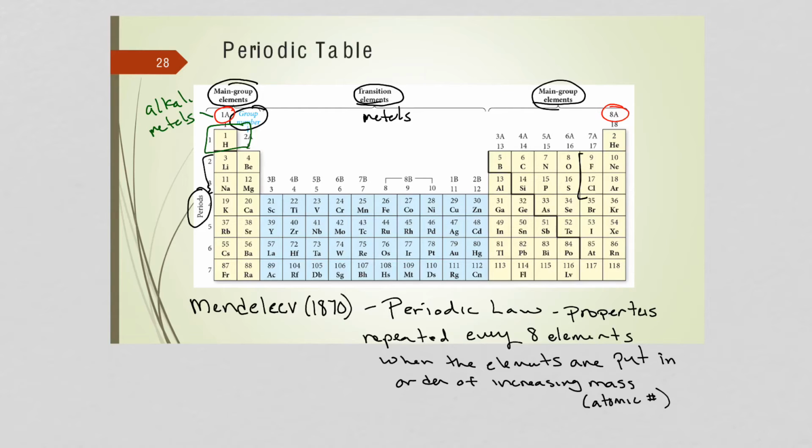We have group 2A here, which are called the alkaline earth metals. And then groups 3A through 6A don't have any specific name that we call them. Group 7A here is called the halogens. And group 8A, this is the noble gases.